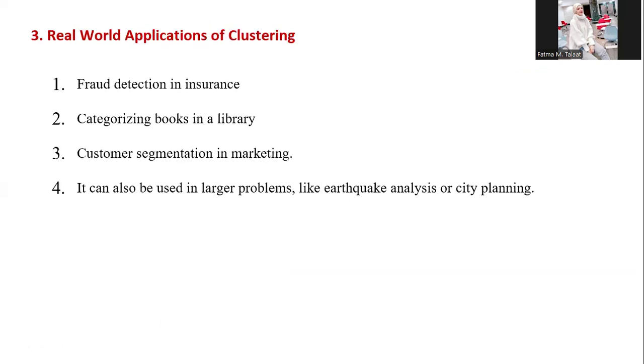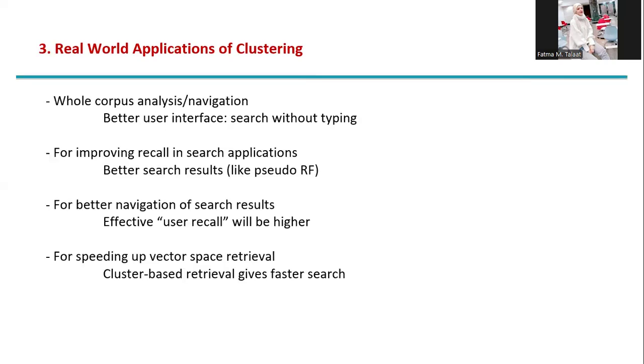Real-world applications of clustering: fraud detection in intruder, categorization of books in a library, customer segmentation in marketing. It can also be used in larger problems like earthquake analysis or city planning. Whole corpus analysis and navigation, better user interface, search without typing.